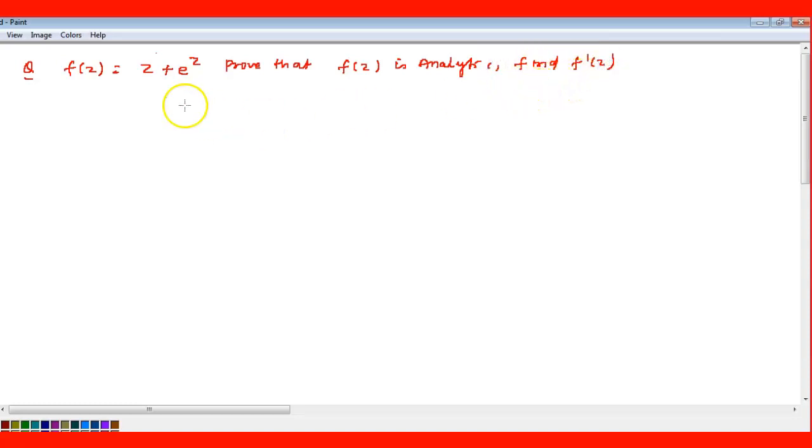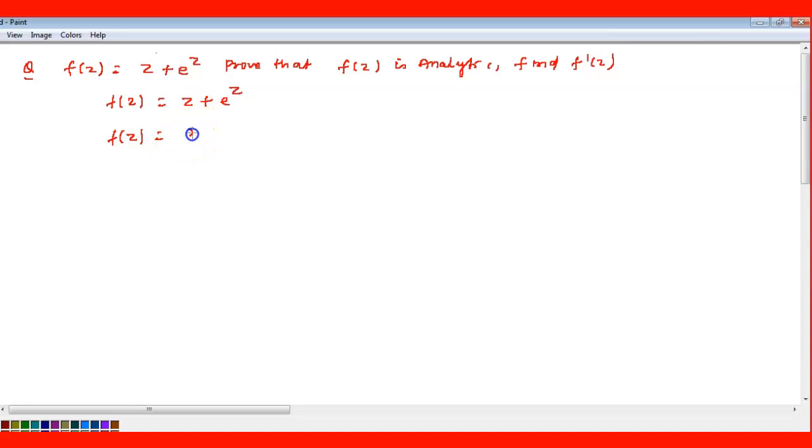So f of z is given as z plus e to the power of z. Which method do you want to do, Cartesian form or polar form? Any method you can do. First let's try for the Cartesian. If you're not able to expand it and find the real part and imaginary part, then you can try for the polar form, right? So let's try for the Cartesian.